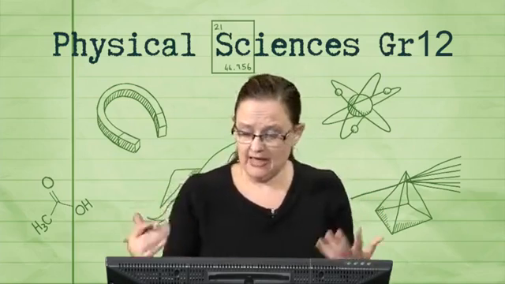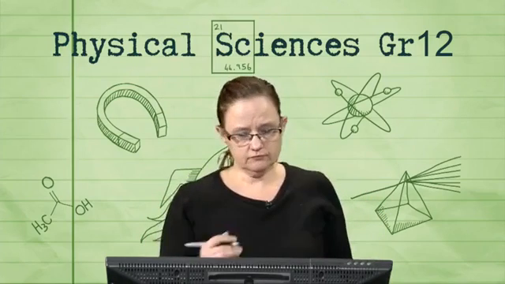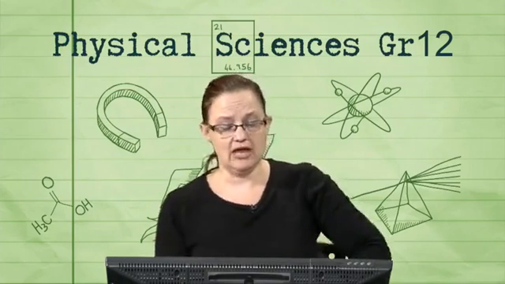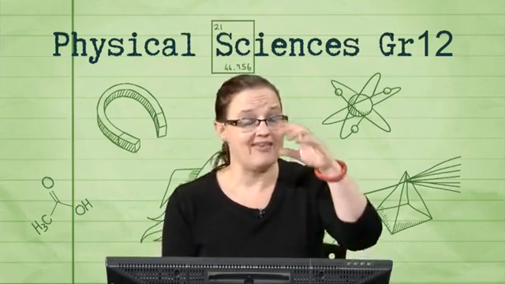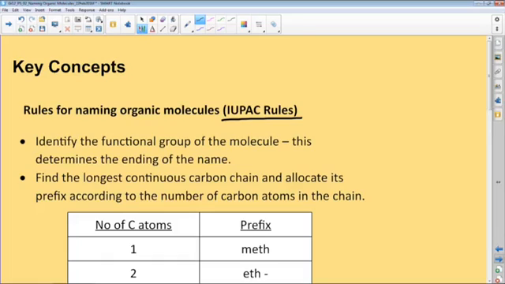That's nice, we can identify them, but that doesn't really help us very much because, well, I'm just not going to ask you to do that. We actually need to be able to name. So what we're going to need to do now is go through the rules of naming, and the rules of naming are really important, and they are set out as the IUPAC rules. Now, IUPAC stands for the International Union of Pure and Applied Chemistry.